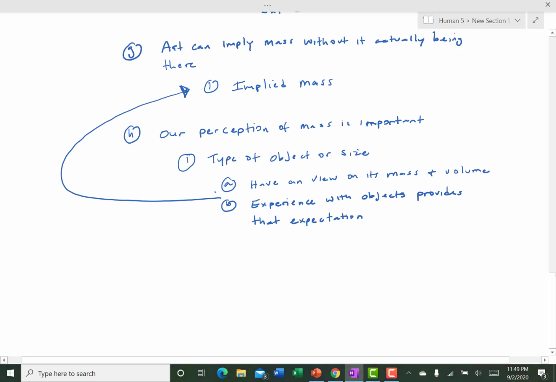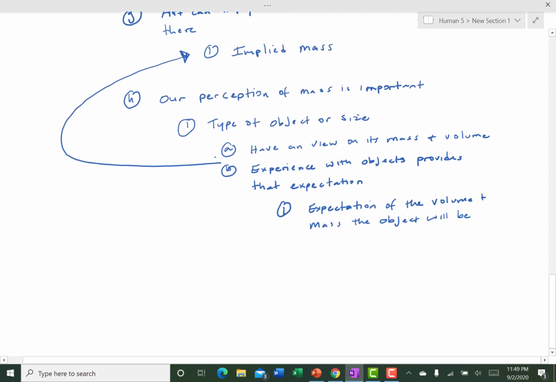Because of our experiences, we have an expectation of the volume and mass the artwork, the object, will be. And so that's how the artist can subvert our expectations.